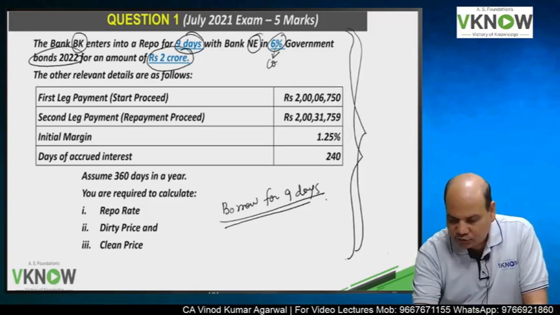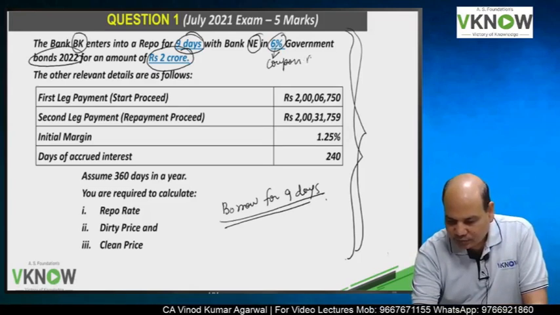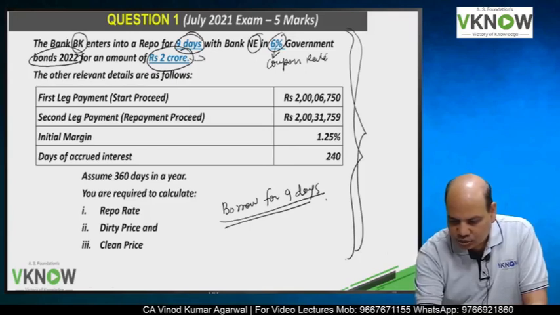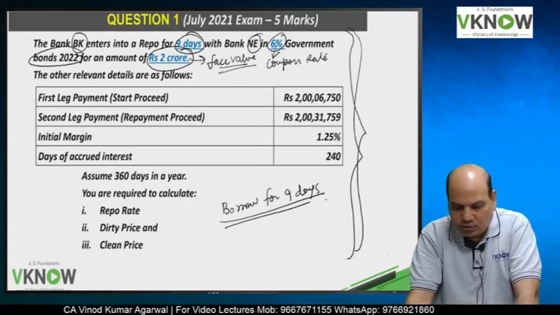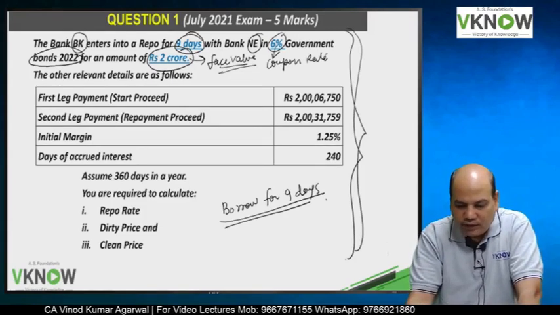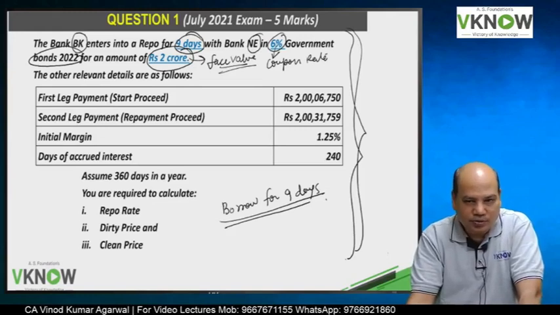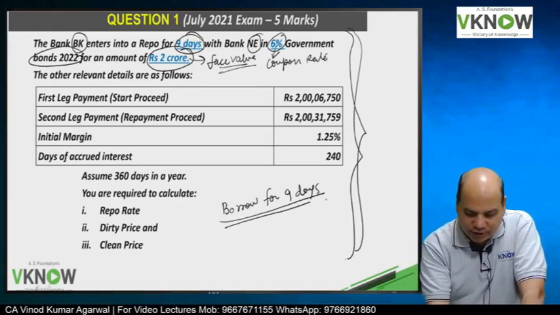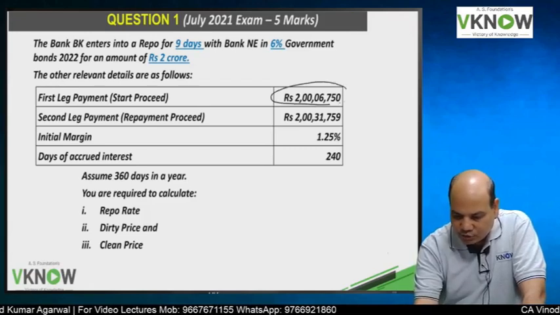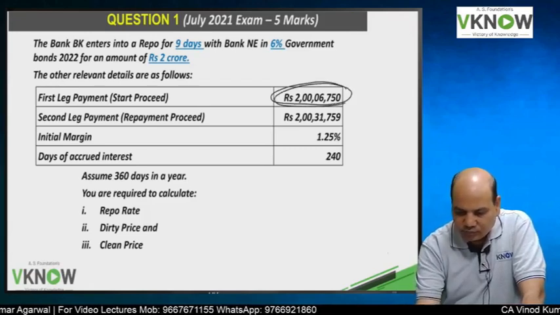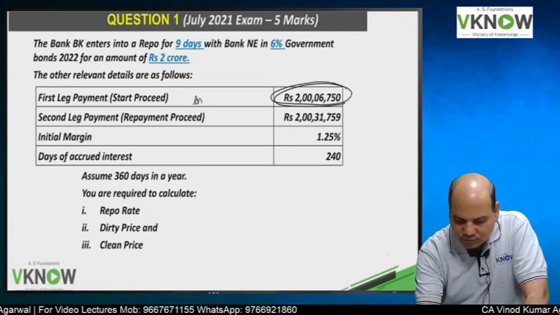This 6% is the coupon rate, and this 2 crore is the face value of the government bond. The other relevant details are as follows. Now these are some important terms. Start proceeds. This is the amount borrowed.